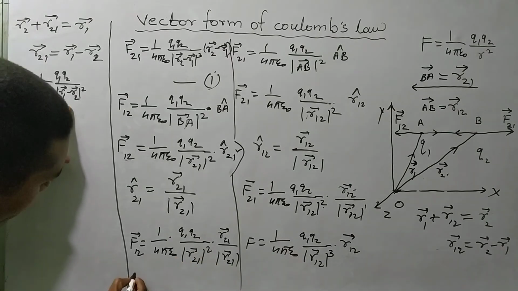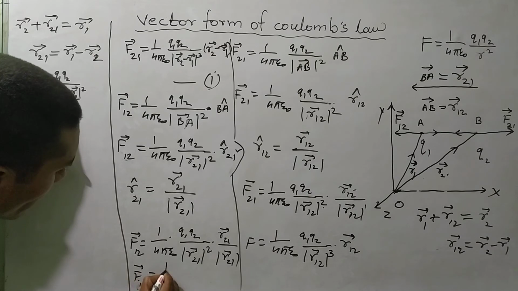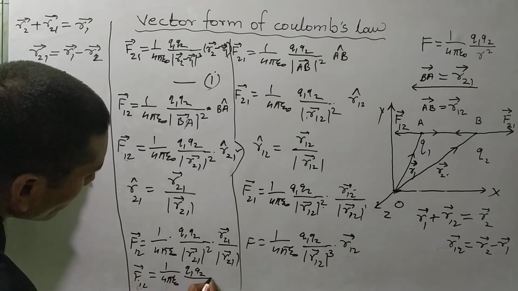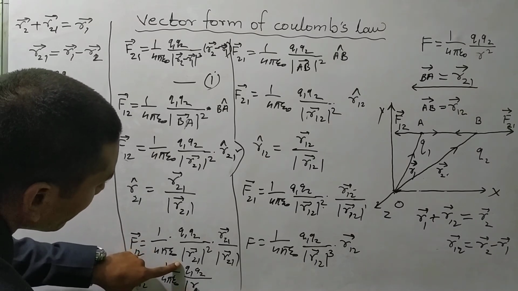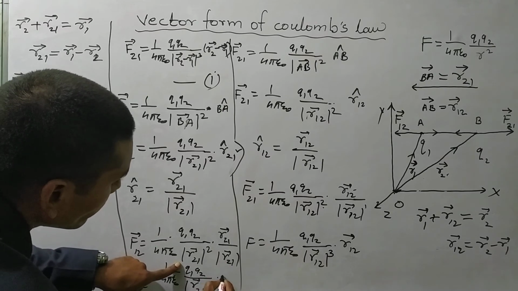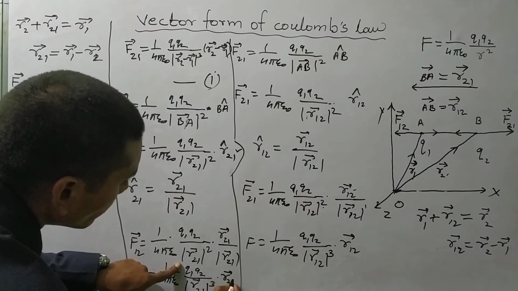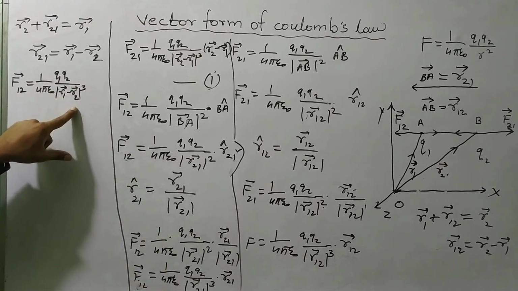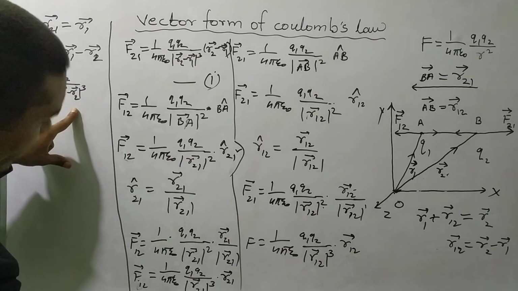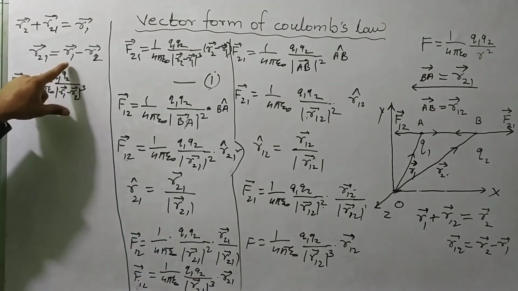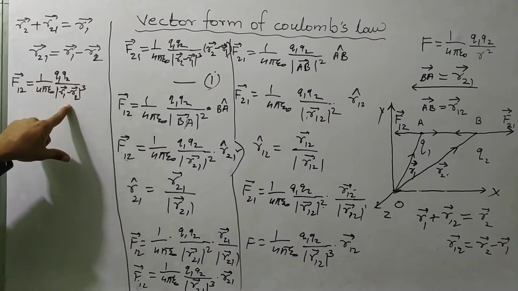We can also write this equation as F12 equal to 1 upon 4 pi epsilon naught Q1 Q2 upon the modulus of vector R21 cubed, times vector R21. We are putting the value of vector R21 in this equation, so vector R21 will be equal to vector R1 minus vector R2.